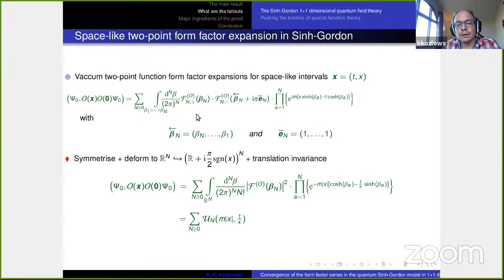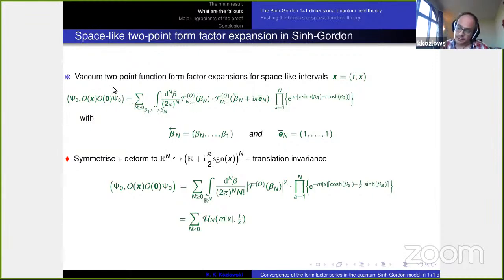So what does it mean? Technically, it means that you have to sum up over all intermediate n-particle spaces arising here. You have to integrate over all rapidities of particles forming this n-particle space. The action of this operator will produce the kernel F_n at beta_n.